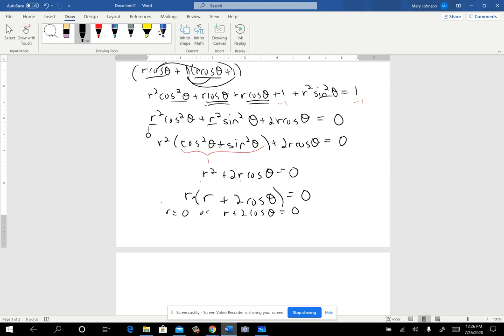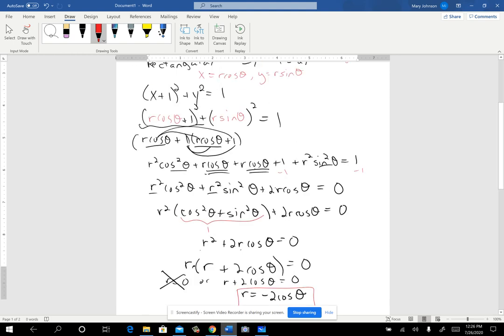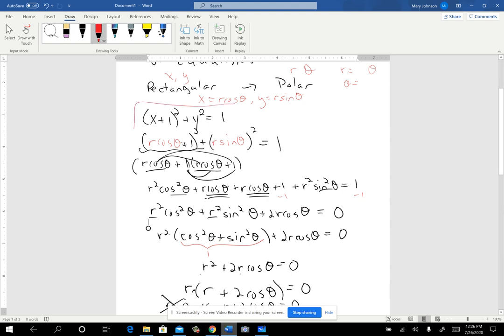If you were to draw a circle, r equal to 0 is not possible. So here I could just rearrange that to be r equals negative 2 cosine theta. And that's where I'll stop. And there I have the polar form for this equation right here.